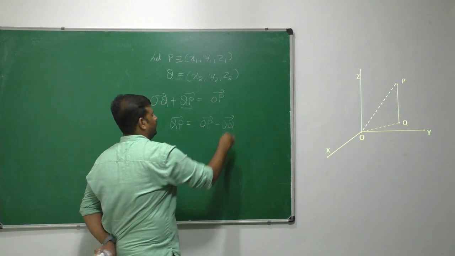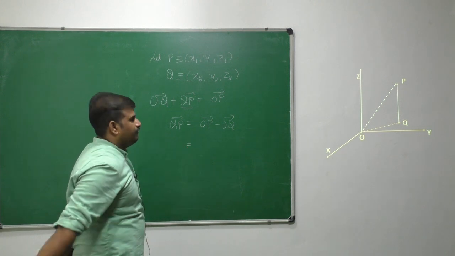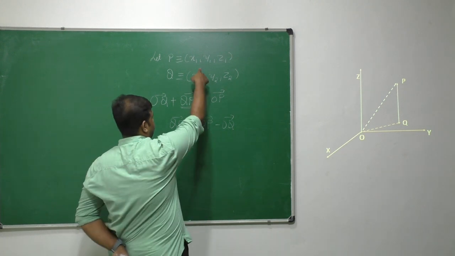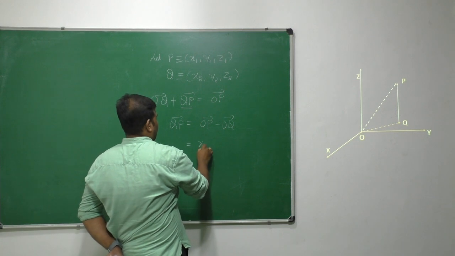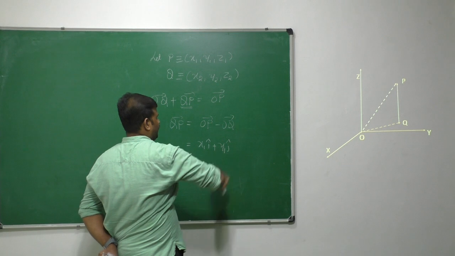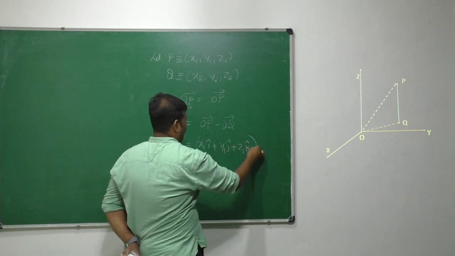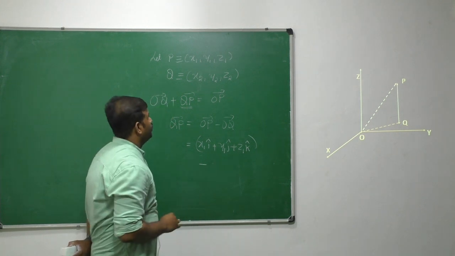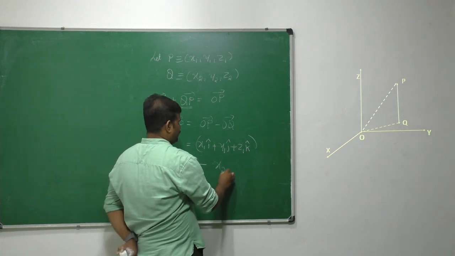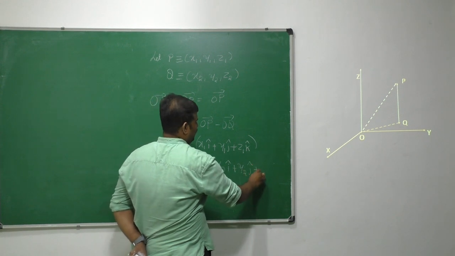What is vector OP? It is x1 i cap plus y1 j cap plus z1 k cap, minus vector OQ, which is x2 i cap plus y2 j cap plus z2 k cap.